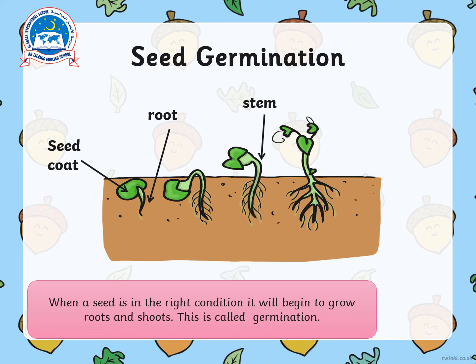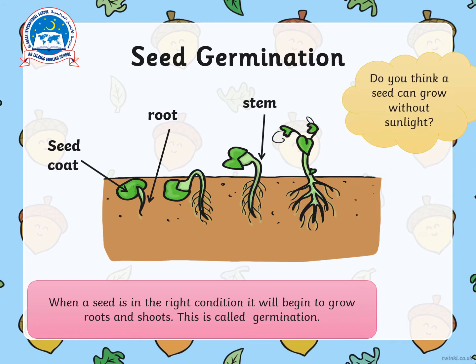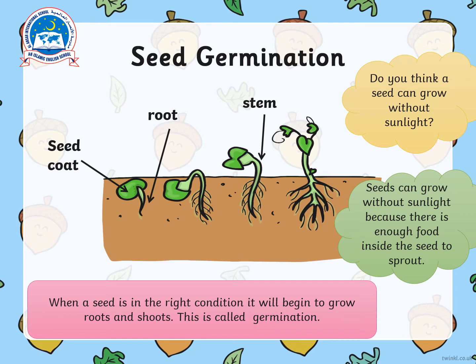Do you think a seed can grow without sunlight? Yes, seeds can grow without sunlight because there is enough food inside the seed to sprout. But as it grows out of the seed, it needs the sunlight to make the next food for itself, because the seed has only this much food inside that a plant can grow out of it.